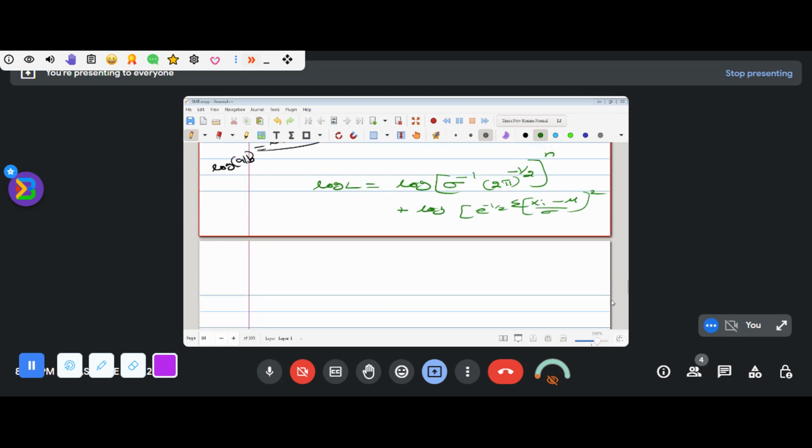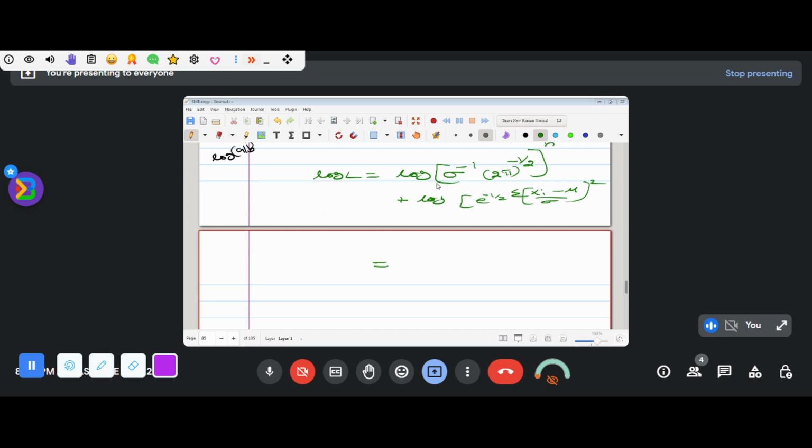So now simplify. It's a very easy formula. All logarithm formulas apply. Log a plus log b formula again applies: log of sigma inverse whole power n, plus log of (2 pi) whole power minus 1 by 2 whole power n, plus log of e power minus 1 by 2 summation (xi minus mu divided by sigma) the whole square.